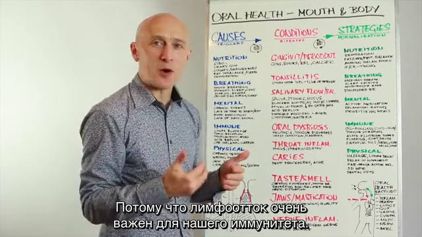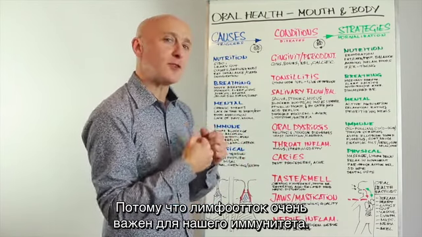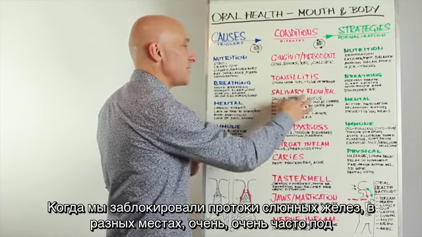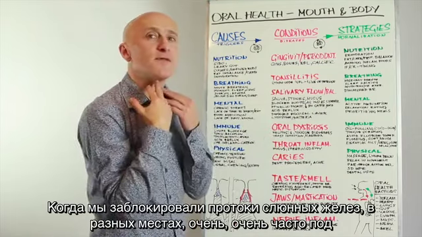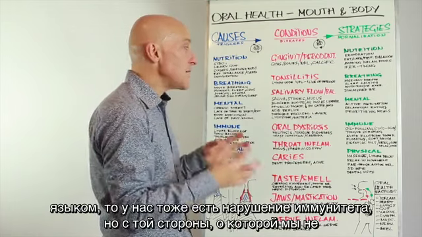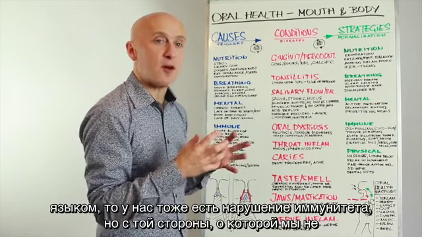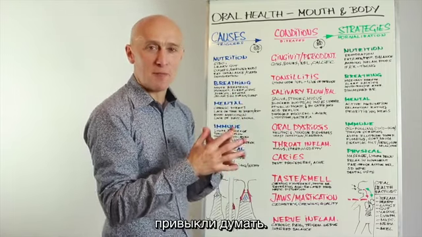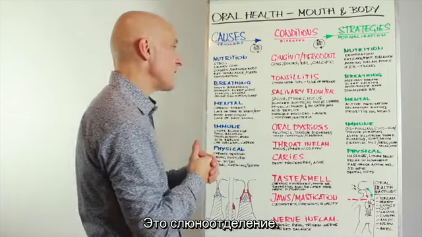Because lymph flow is very crucial for our immunity, and when we have blocked ducts of salivary glands in different places, very often under the tongue, then we also have impairment of immunity, but from a side that we are not really used to thinking about. That's the salivary flow.